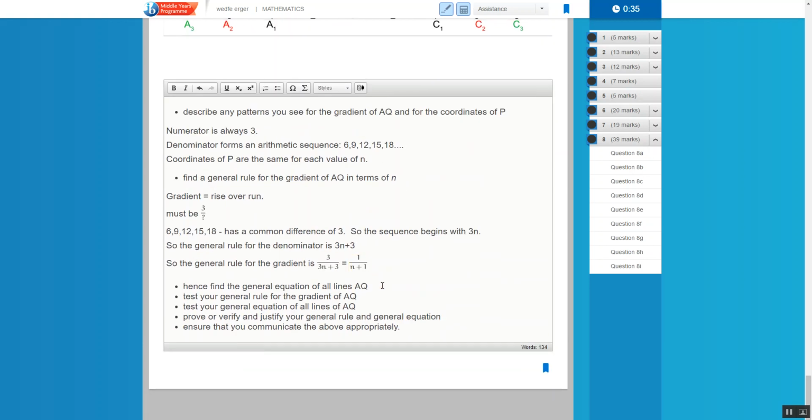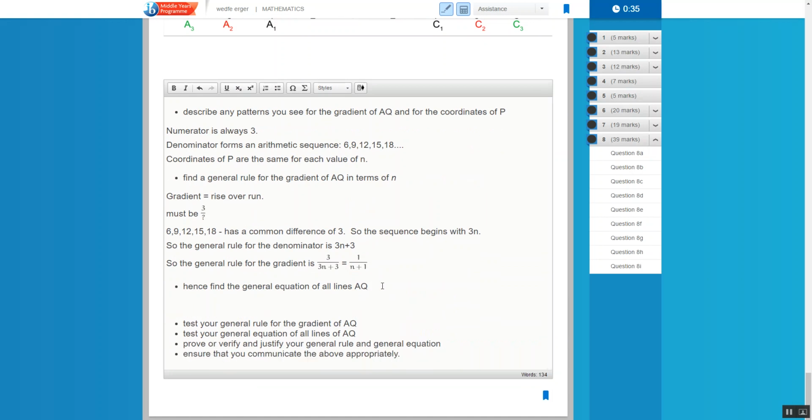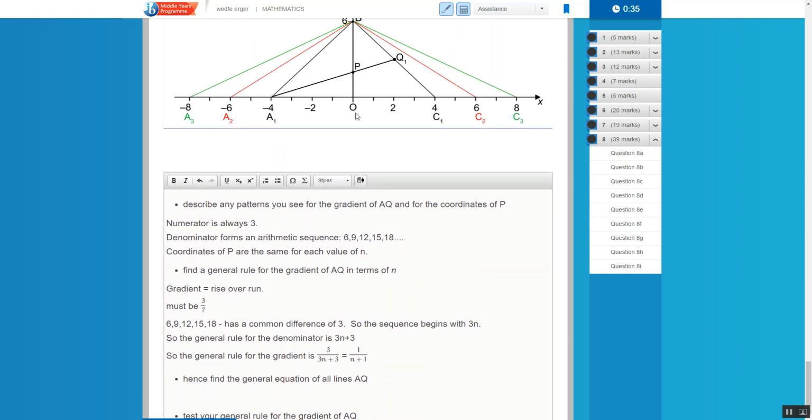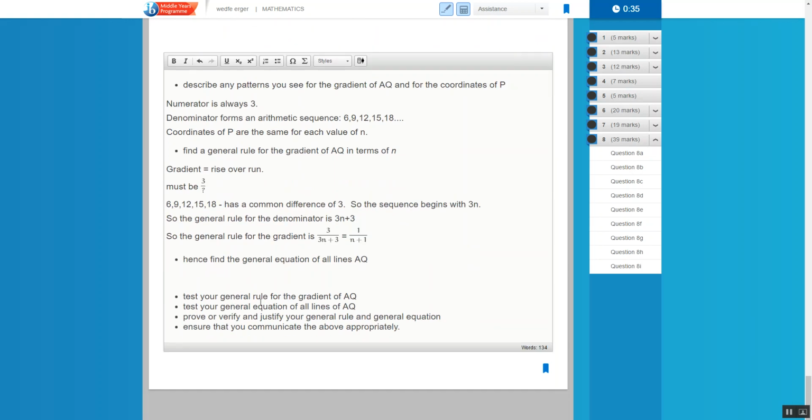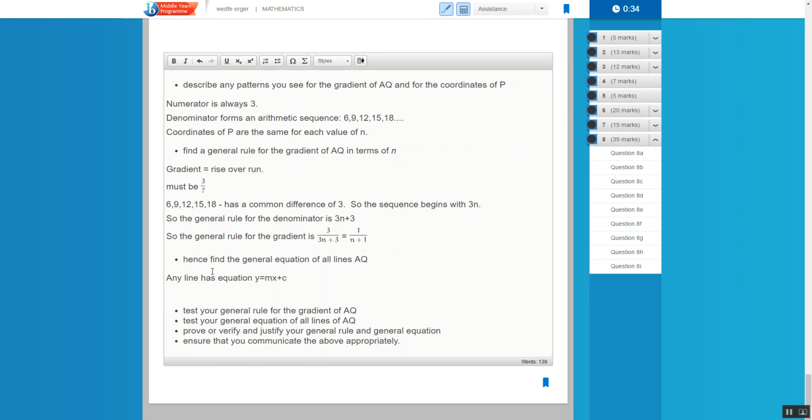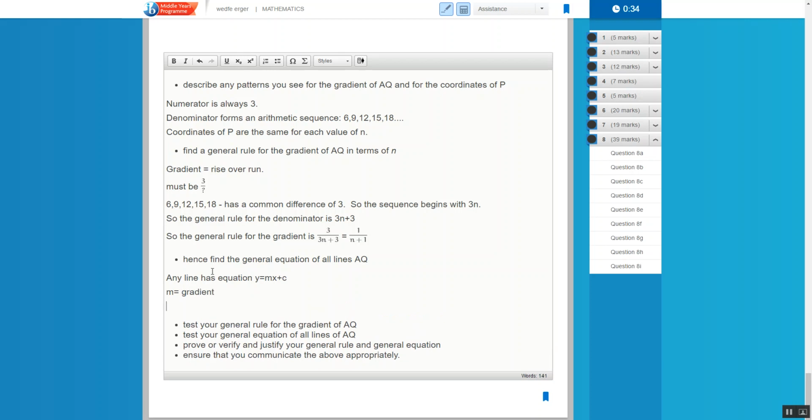Alright, hence find the general equation of all lines AQ. Okay, so any line has equation y equals mx plus c. m is the gradient, which we know. c is the y-intercept.